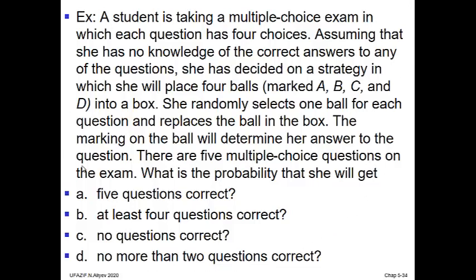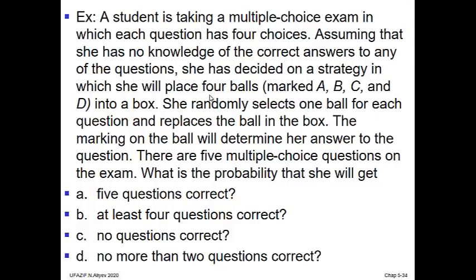First, you should understand why we can apply the binomial distribution here. First, you have 5 questions. This is the number of trials. Okay, first condition, you have n trials, n equal to 5. Second, the probability of success in each trial is the same. Because the student is not prepared for the exam, she doesn't have any idea which answer is correct.